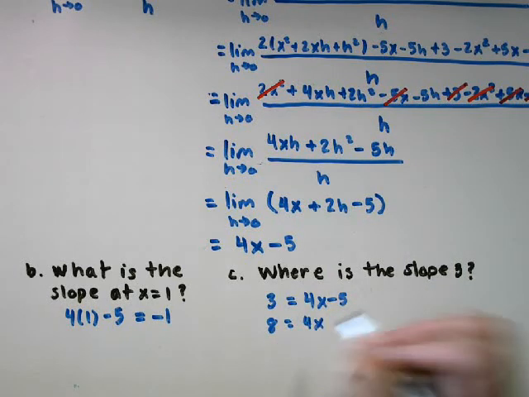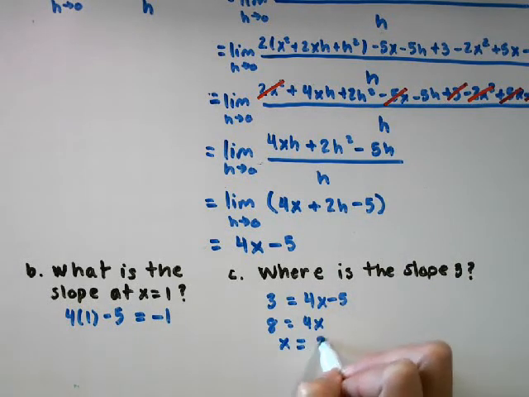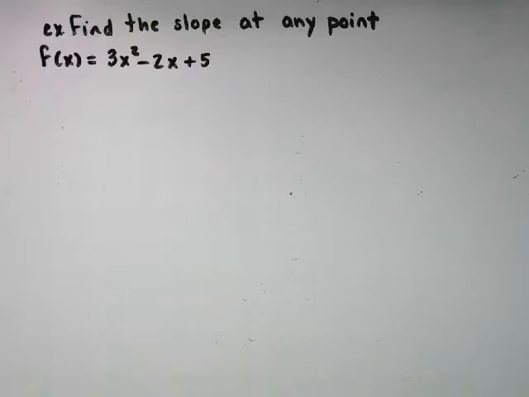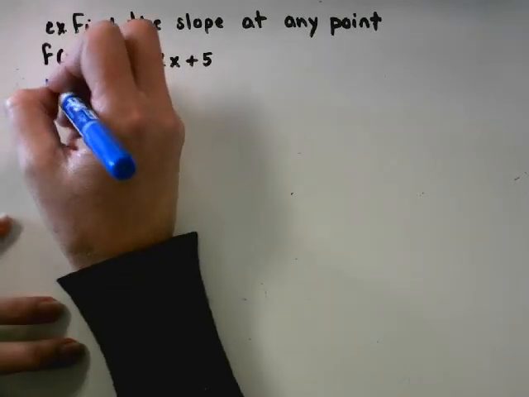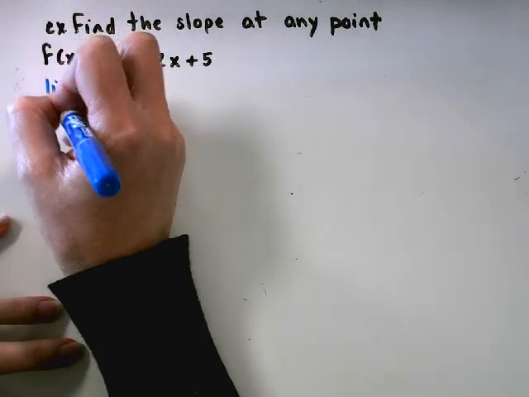So we're going to do one more of these. Find the slope at any point. Our new function is 3x squared minus 2x plus 5. So we're using the limit as h goes to 0 of f of x plus h minus f of x over h.